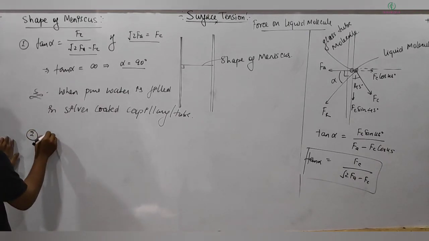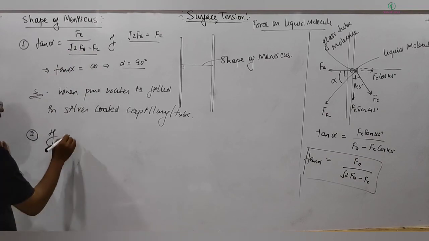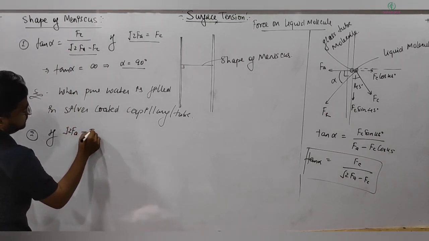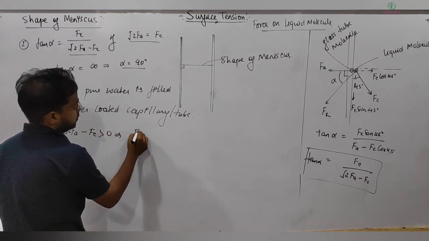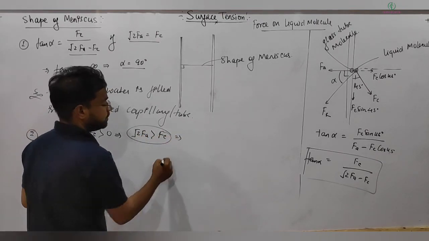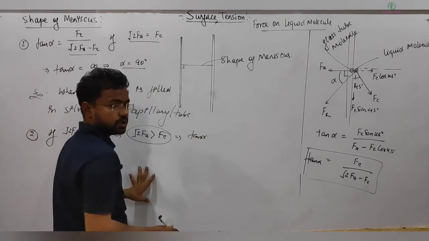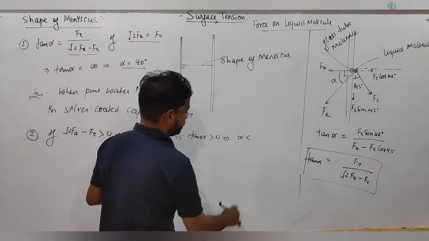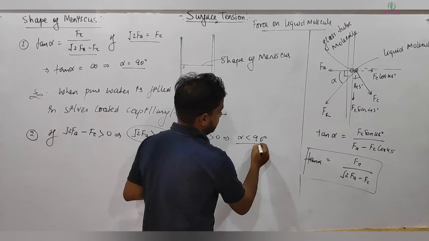Next condition: if this quantity is positive, meaning root 2 F adhesive minus F cohesive is greater than 0, this implies root 2 F adhesive is greater than F cohesive. That implies tan alpha is some positive value, and alpha is less than 90 degrees, right?